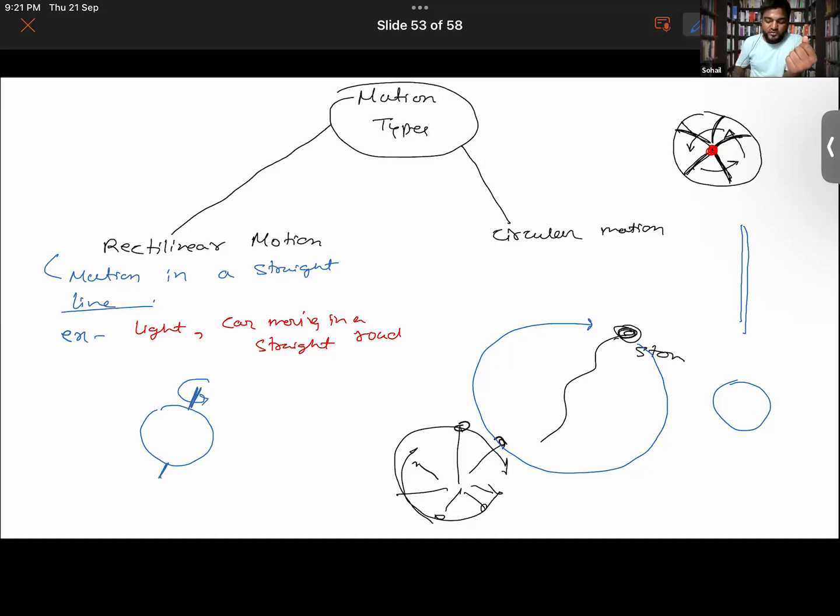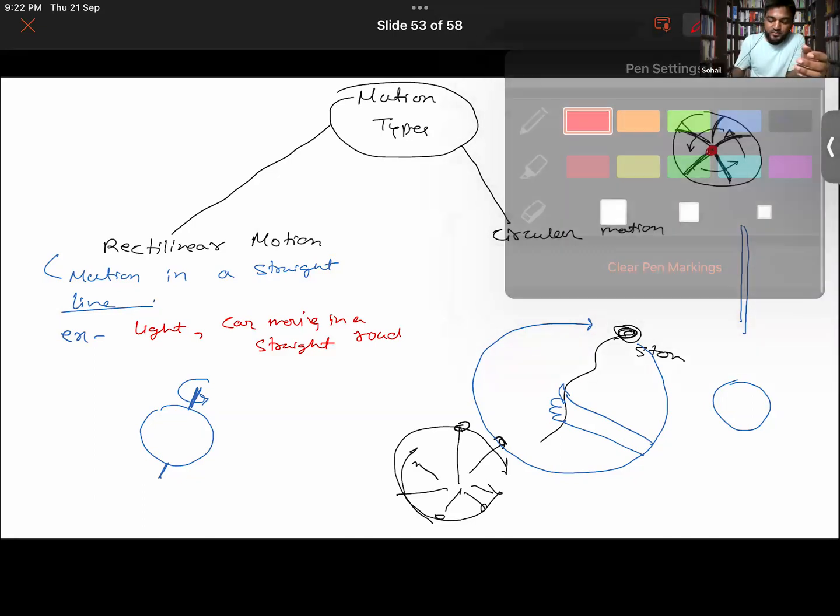If you move this piece of stone tied with the thread, wherever you are holding it is its axis, the center point. So when an object moves around an axis, it is said to be in circular motion.